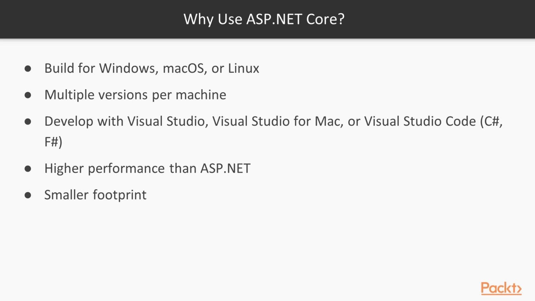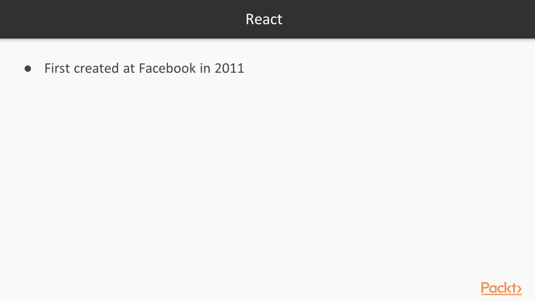And it's also got a smaller footprint because with ASP.NET, we downloaded the whole .NET framework. It was this massive thing that sat on the drive, whether you were using the whole thing or not. With ASP.NET Core, we download packages. So we can just download the parts of ASP.NET Core that we need and save the space that we don't need to use.